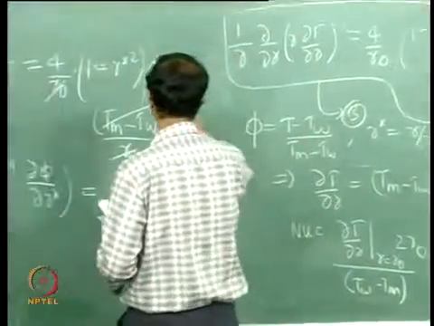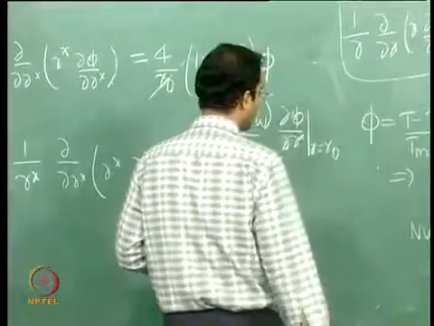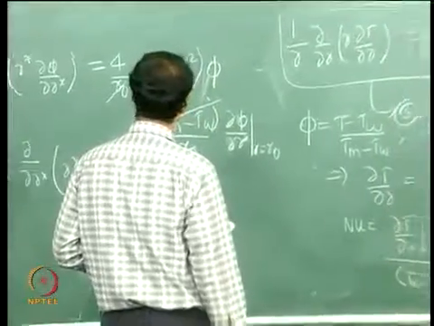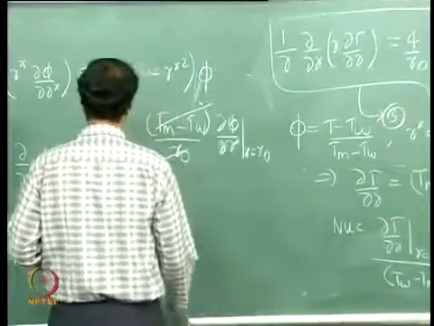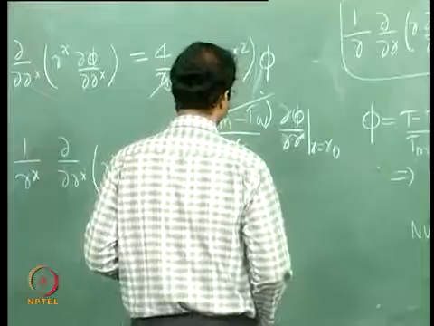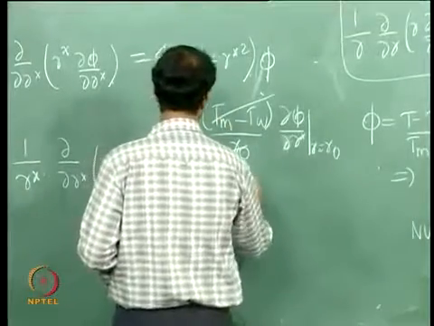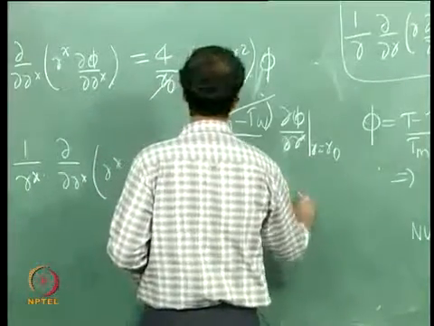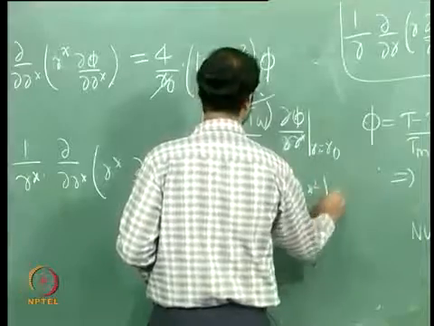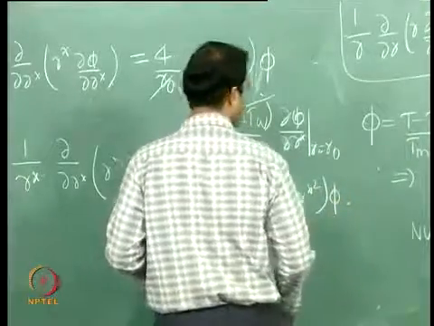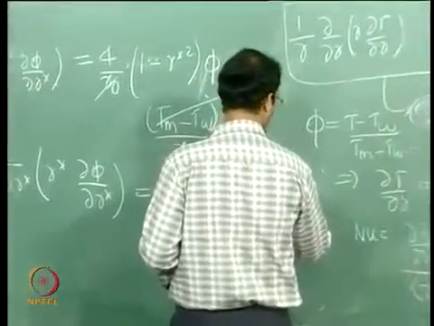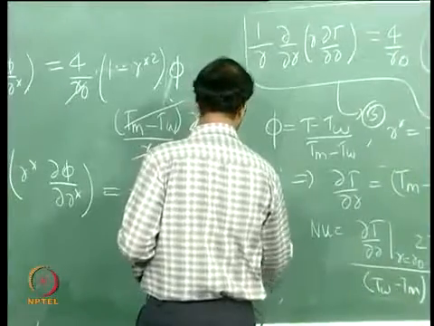So I can replace d phi by dr at r by r naught with Nusselt number by 2 r naught, so this will be a minus 4 into 1 minus r star square into phi into Nusselt number by 2 r naught.